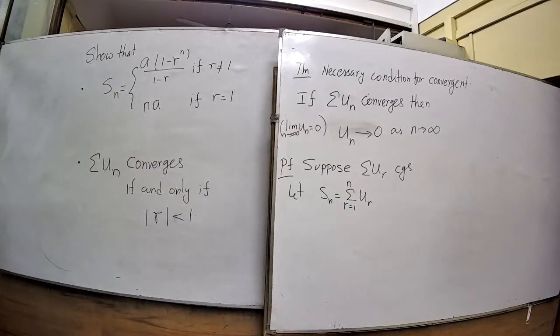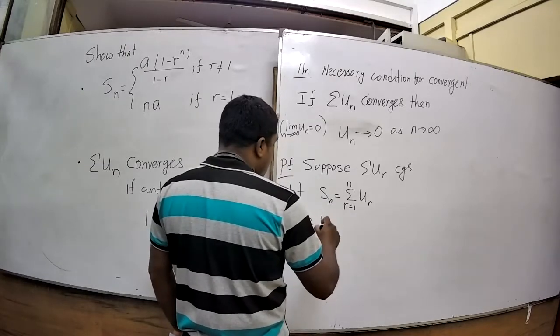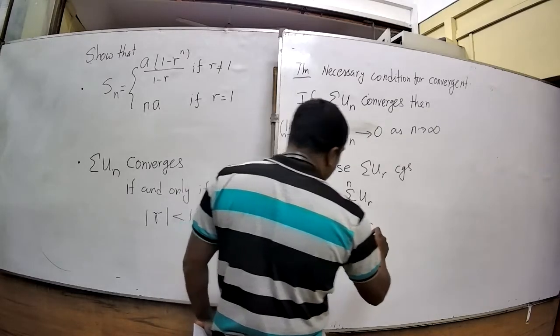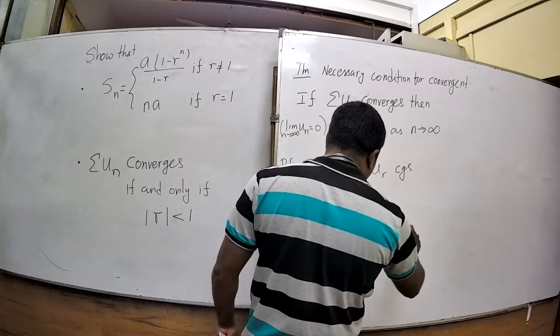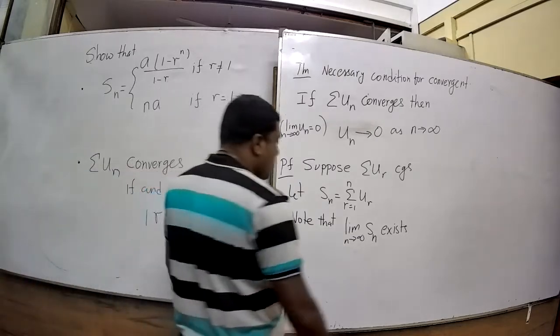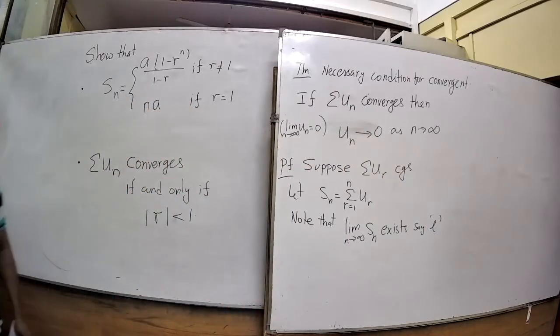This is the partial sum. So you all know if the series is convergent, then the partial sum sequence has a limit, and in this case, let me say L is the limit, and that sequence exists.